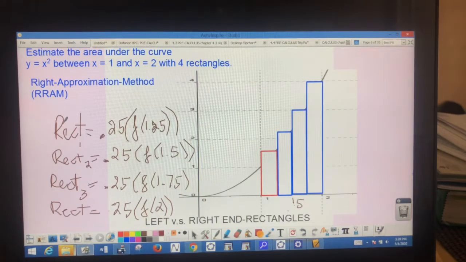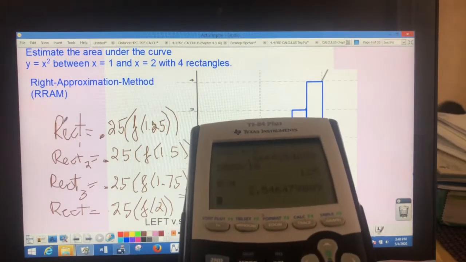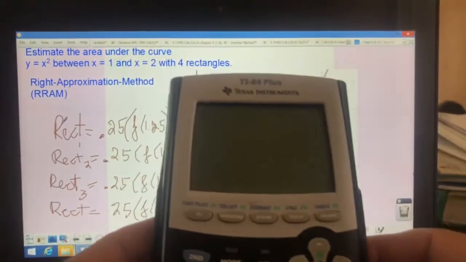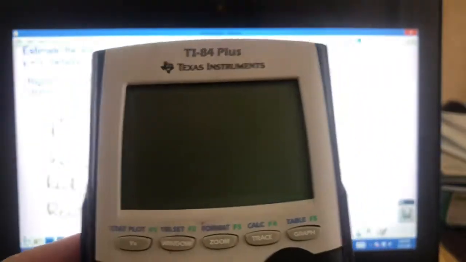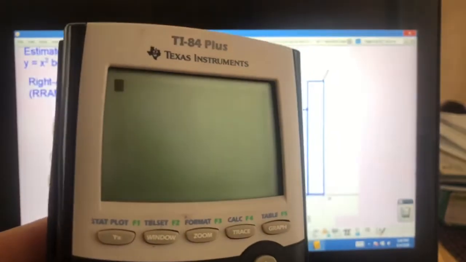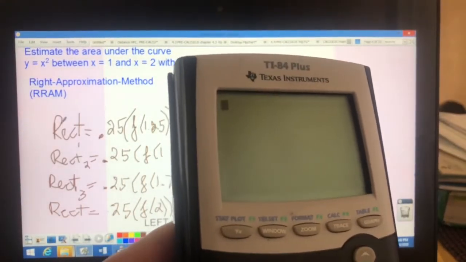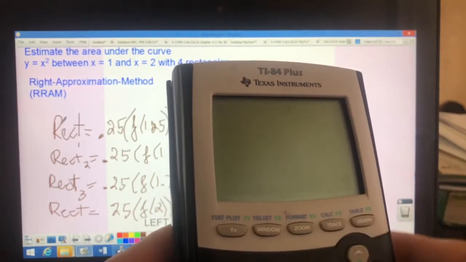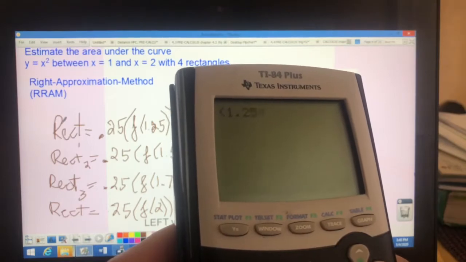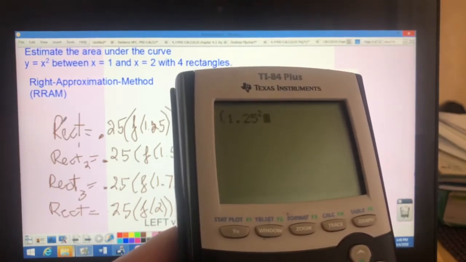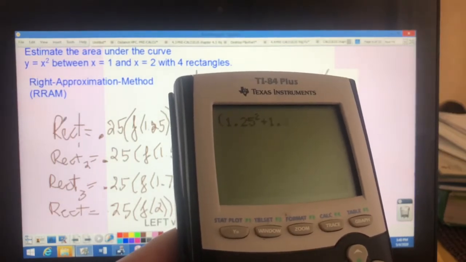Okay? So let's see. You can type them all straight in there now, or you can do this here. So let's see if you can see my calculator. You can sort of see it. Okay, yeah. Get some angle there. So now you can do this. 1.25 squared plus, right, 1.5 squared.